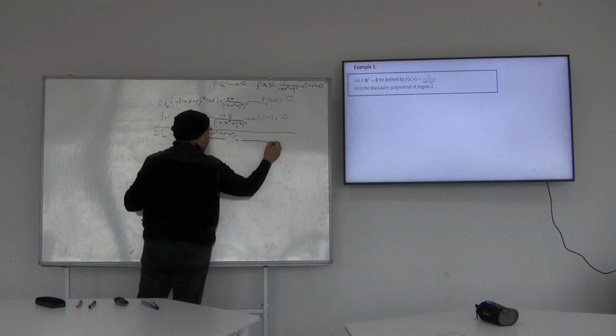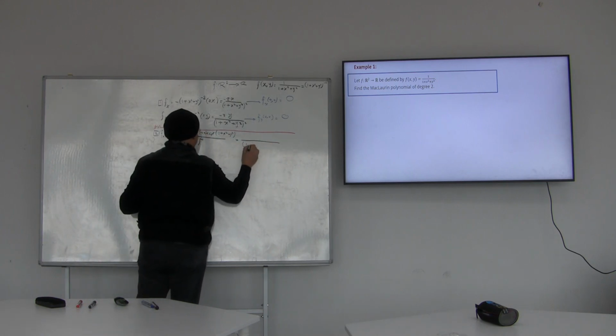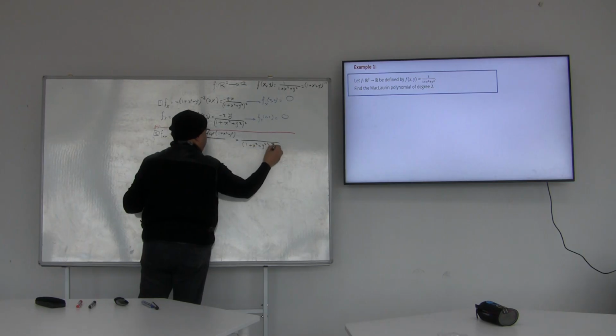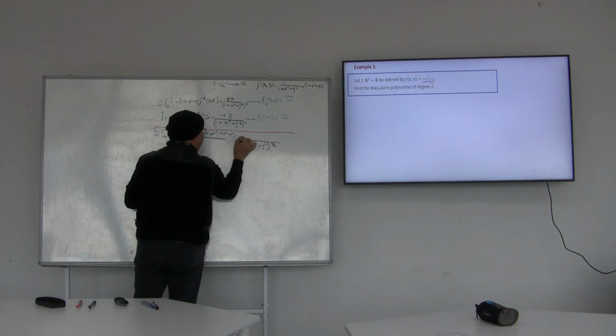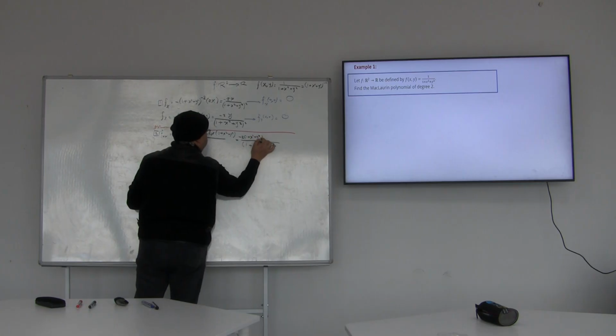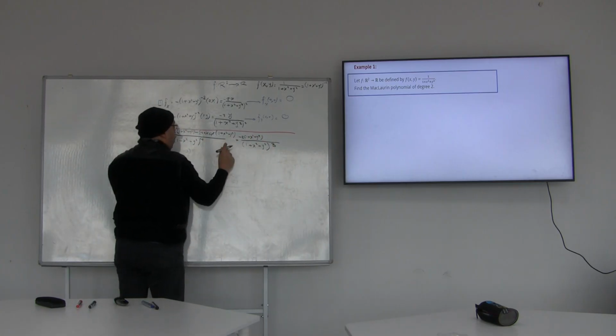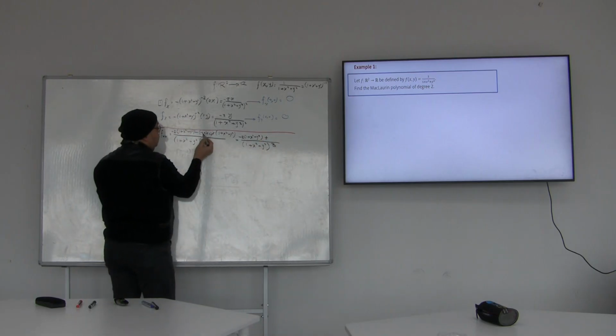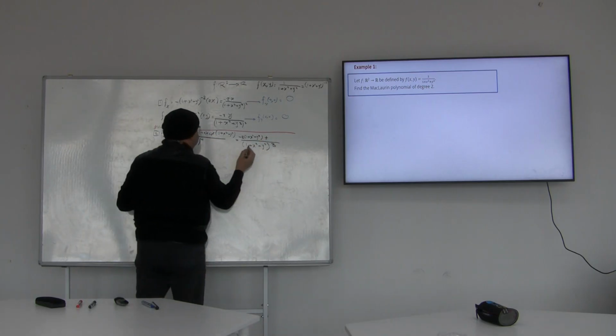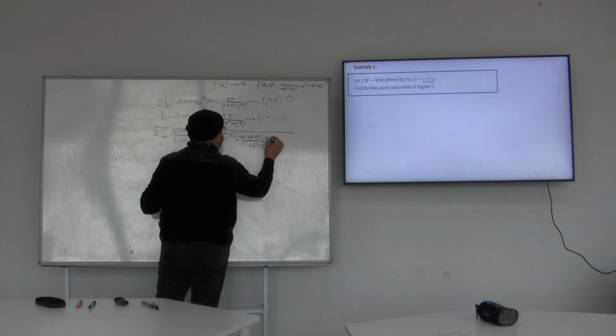This way I will have (1 + x² + y²) to the power of 3. On the other hand, I will have negative 2 times (1 + x² + y²). And for this guy, I will have a positive 4 times 2x, which is going to be 8x².